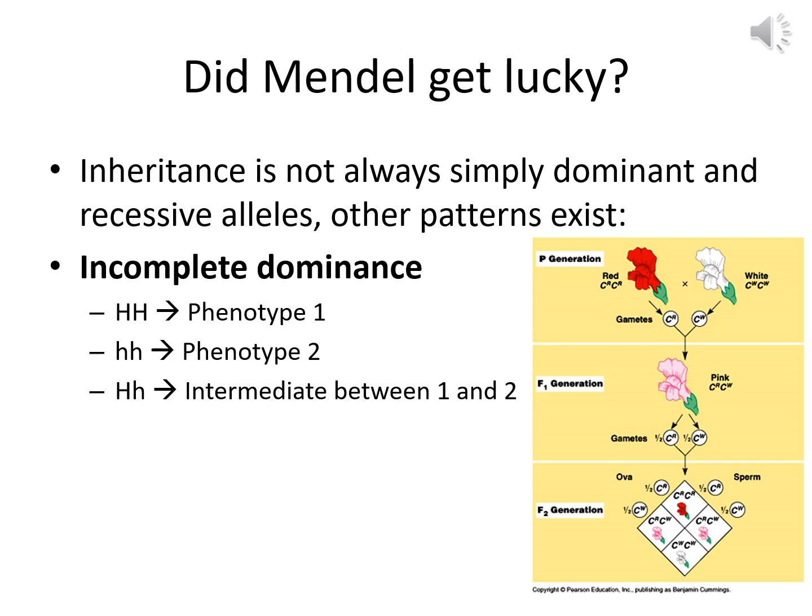The first one is called incomplete dominance. And in incomplete dominance, the dominant allele doesn't completely hide or mask the recessive. So the dominant homozygous individual, in this case, these are snapdragons, a red flower crossed with a recessive white flower, will give offspring that are all heterozygous, big H, little h.